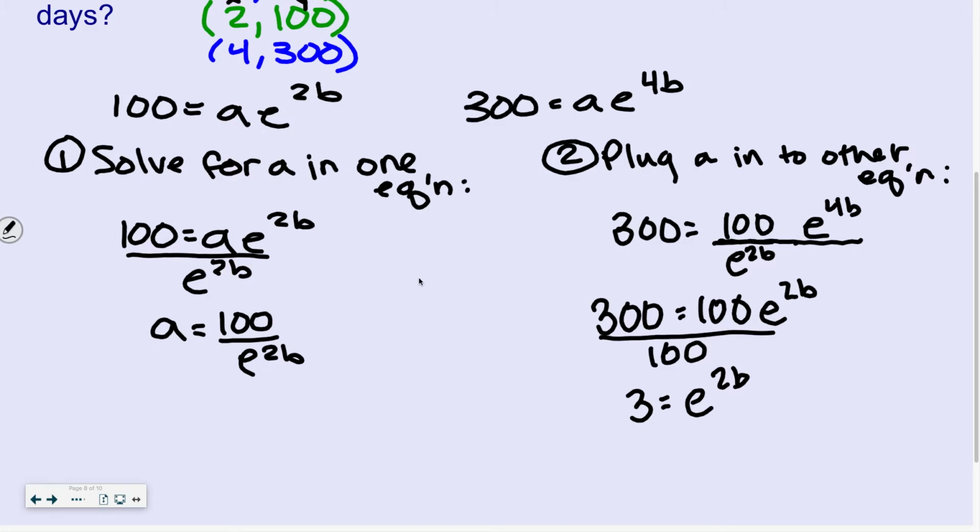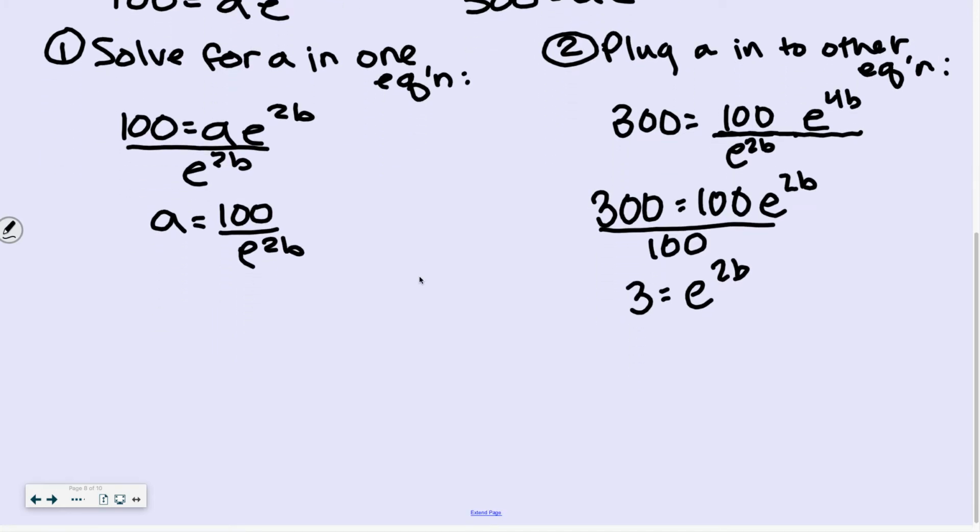To get into that exponent, I'm going to need to use a logarithm. It's log base E, so it's going to be the natural log of 3 equals 2B. I'm going to divide by 2. Now, you'll need to put a few extra numbers after the decimal. If you're always rounding to the 10th or the 100th, you're probably rounding too close for a growth rate in an exponential model.